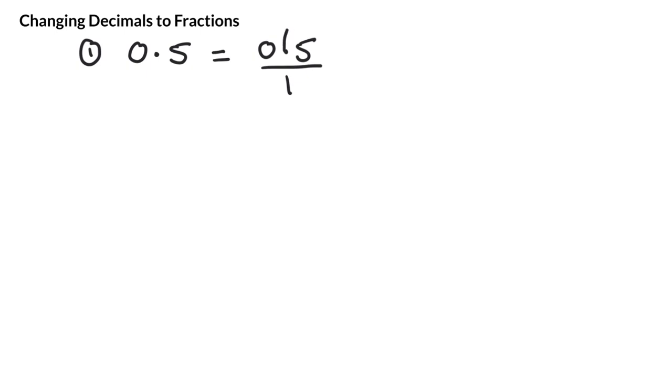Can I shift the decimal point one digit to my right? And when I do that, because I shifted the decimal point one digit to my right, I will put 10 in the denominator. Now my number is 5/10.